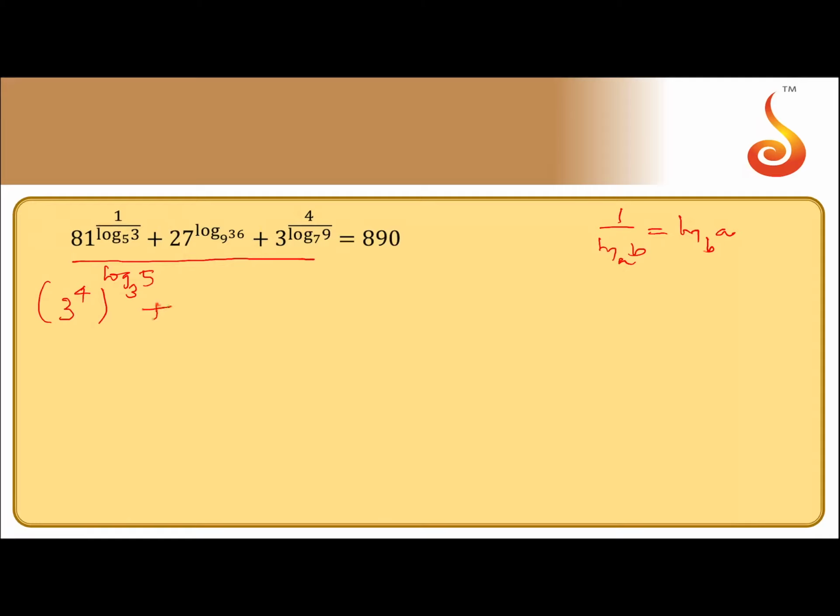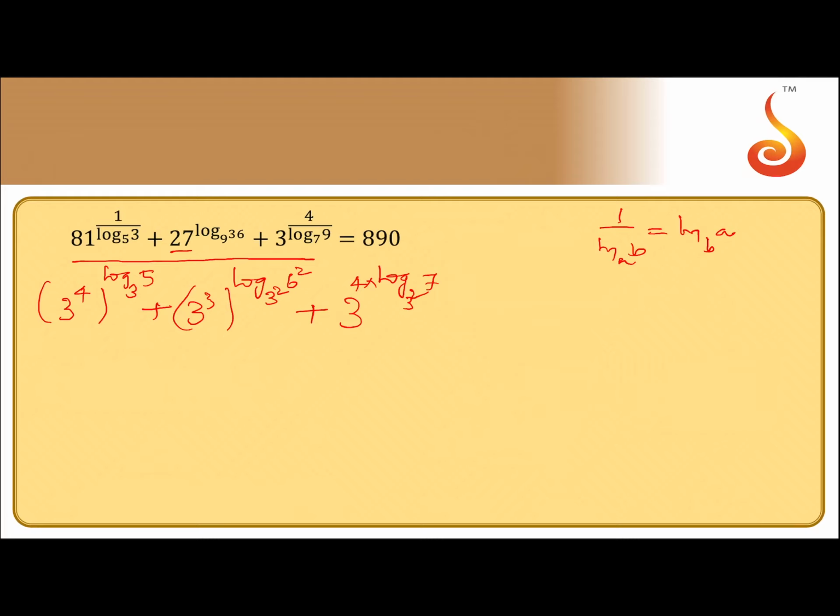And plus this can be written as 3 power 3 to the power of logarithm of 6 square to the base 3 square, plus 3 to the power of 4 multiplied by logarithm of 9 base 7 will become log 7 to the base 9. That 9 can be written as 3 square.